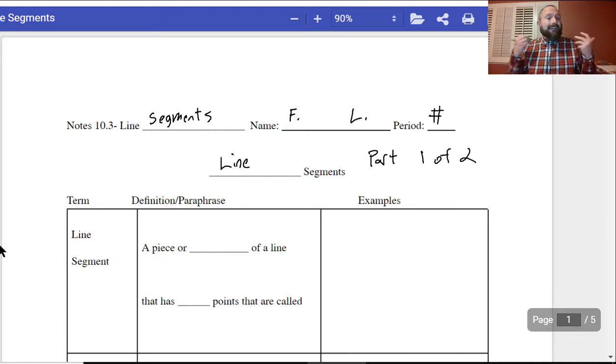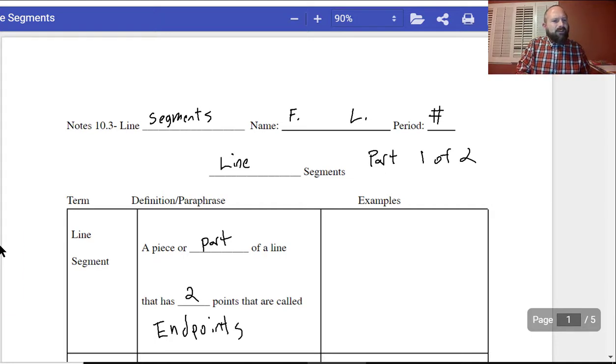Now, a line segment is a piece or part of a line that has two endpoints. So that looks like the following. I'm going to use my tool to create my line. Here's my line, but that's not my line segment.